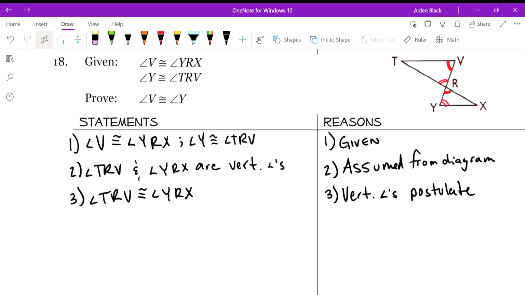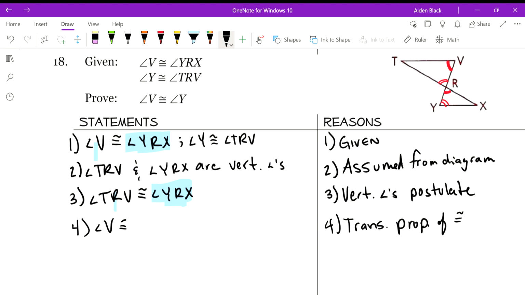Now I'm actually going to do this transitive property in the 2 steps. So I know angle YRX is congruent to V, and I know angle YRX is congruent to angle TRV. So in this step I'm going to say by the transitive property of congruence that angle V is congruent to angle TRV.